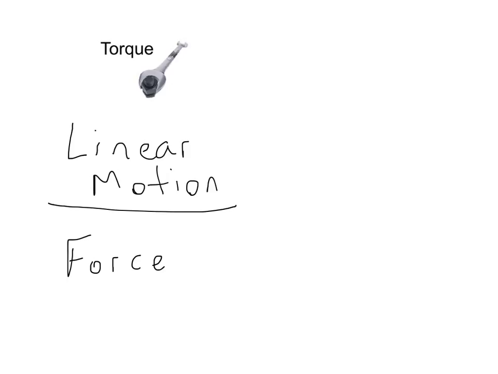In Newton's second law, you studied an equation which helped you to relate the size of the force, the mass of the object, and the size of the acceleration it experienced. A familiar equation, hopefully for you, would be that force equals mass times acceleration.